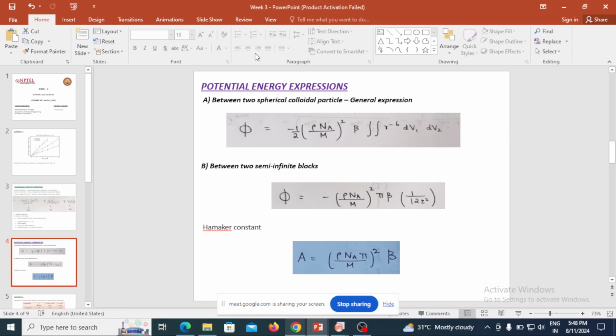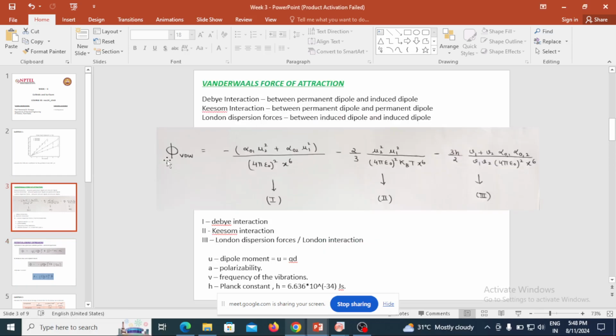If you group all of them together and remove the common terms, let's say if you take this 4 pi epsilon naught square and x power 6 as common, whatever portion of the equation you are left with, you can represent it as beta. So that is beta.